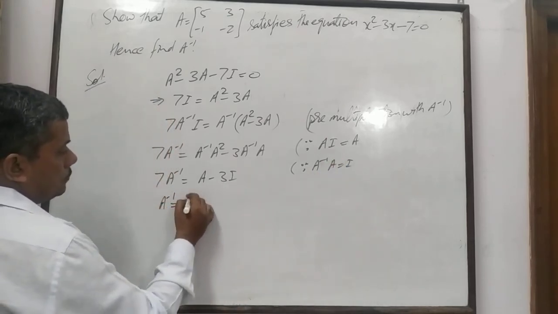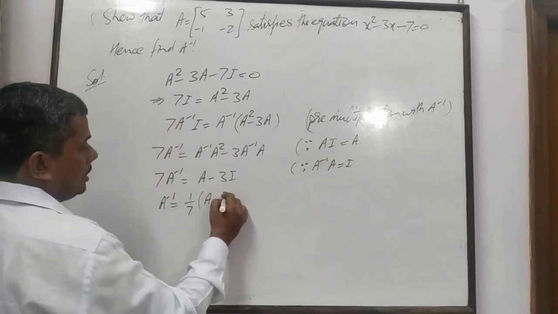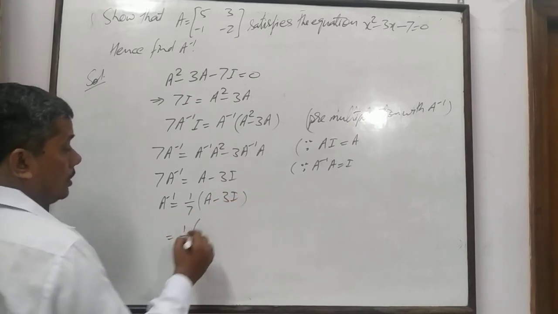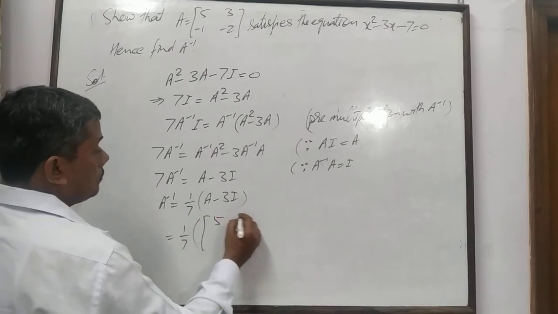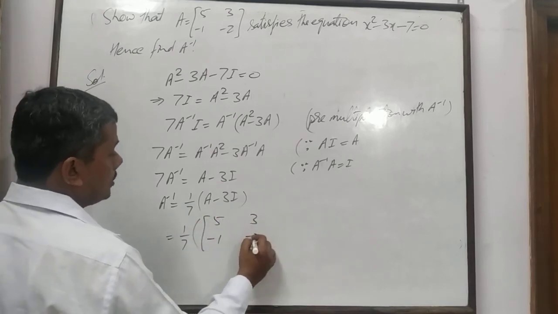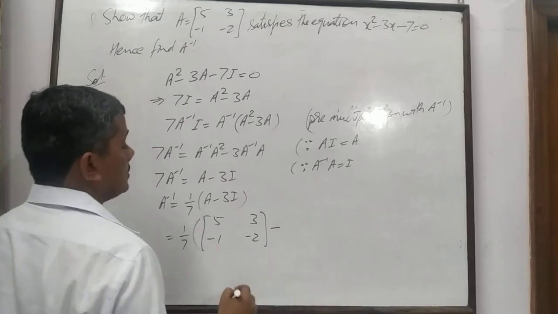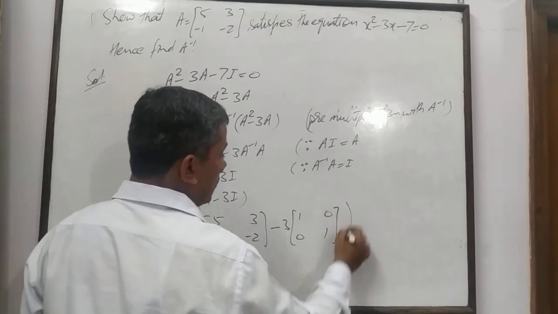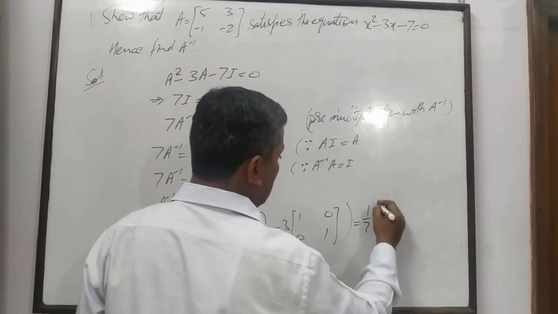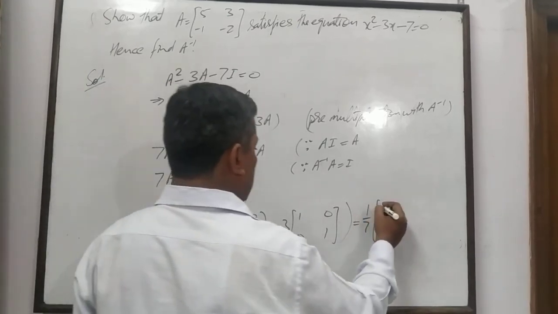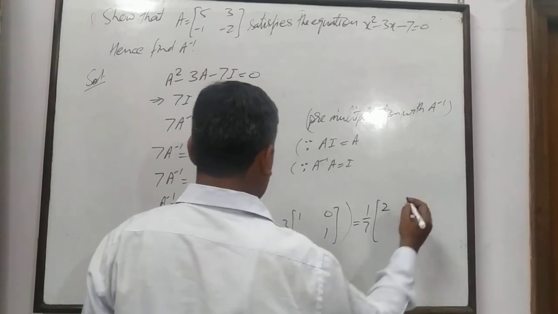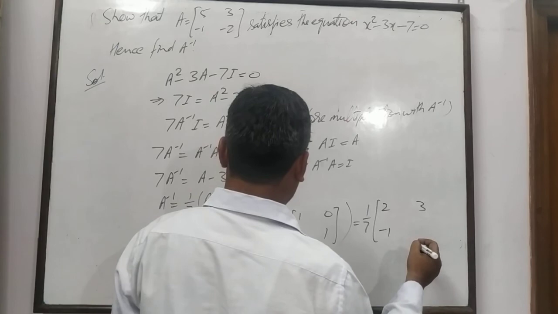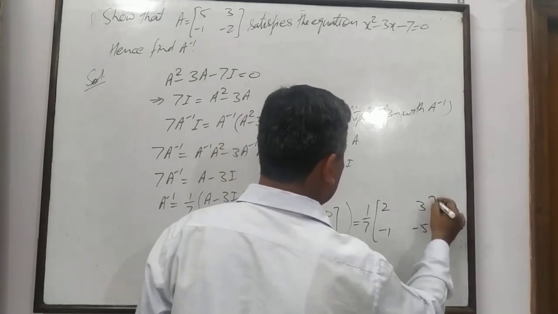So A inverse is 1 by 7 times (A minus 3I), which is 1 by 7 times 5, 3, -1, -2 minus 3 times 1, 0, 0, 1. So this is 1 by 7 times 5 minus 3, 2, 3, -1, -2 minus 3, which is -5.